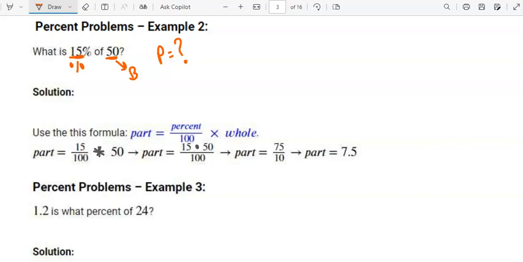So then we have 15 over 100 to change it to standard form, multiplied by 50. 50 over 100 reduces to 1 over 2. So then we have 15 divided by 2, which is 7.5. You would get the same thing from this example by dividing each of these by 10.